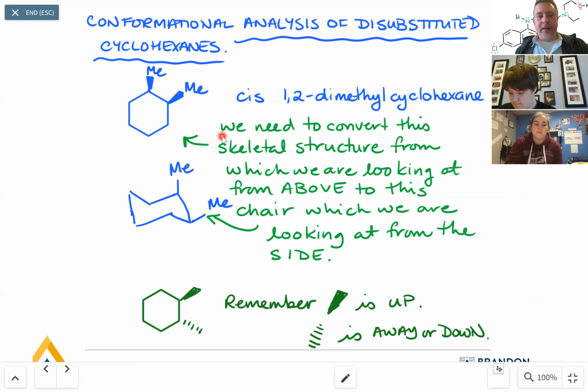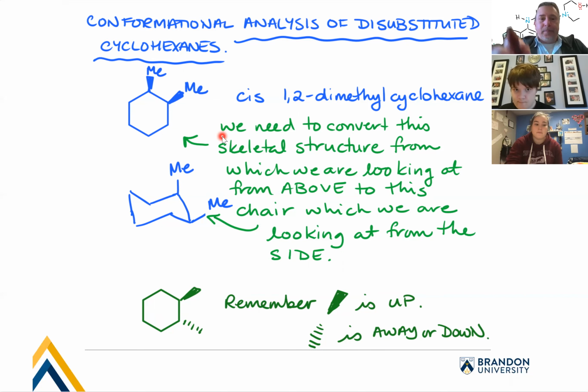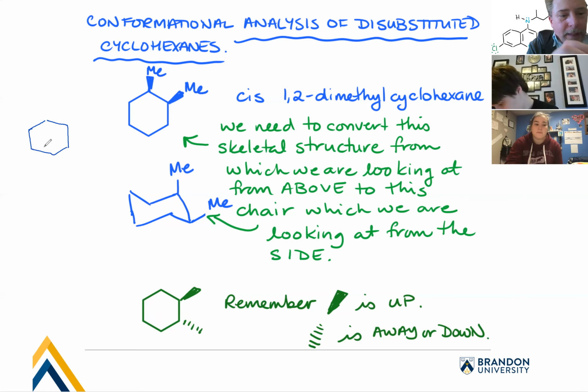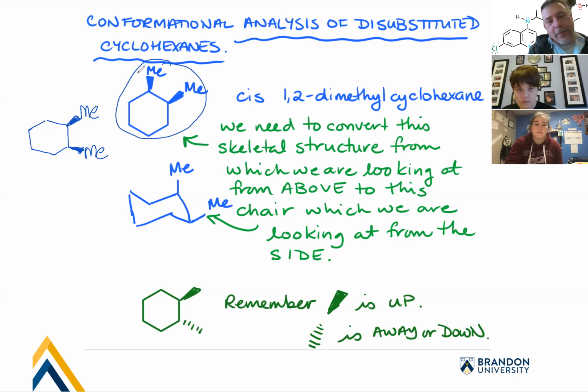So what's the best way to do this? Okay, let's do this. I'm just going to draw another version of the same molecule here. Okay, so when we've got a diagram like this, what we're saying is that we're squishing flat the ring.